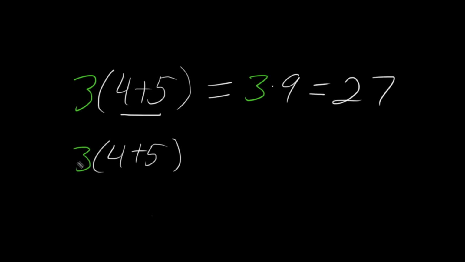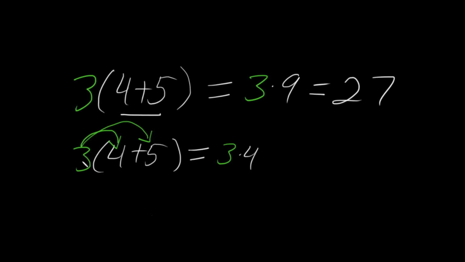When it comes to the distributive property, what we end up doing is distributing the 3 and multiplying it by each component inside the parentheses. Therefore, this would be the equivalent of 3 times 4, and we have an addition here, and what that means is that the 5 is actually positive.